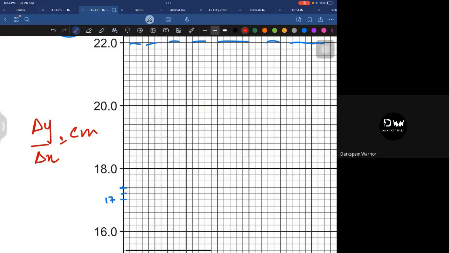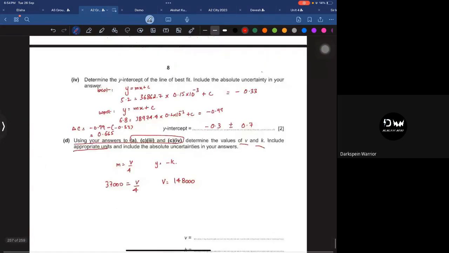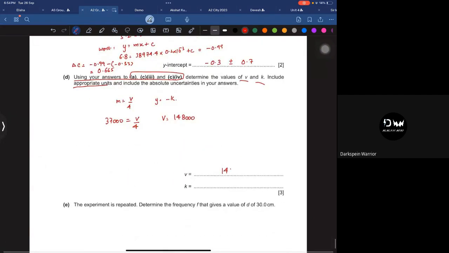Hertz is 1 per second, so that's going to be centimeters per second. So then you're going to write 148,000 centimeters per second. Is it clear, everyone?